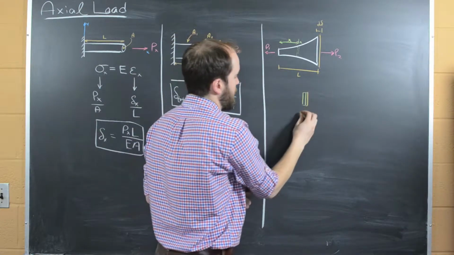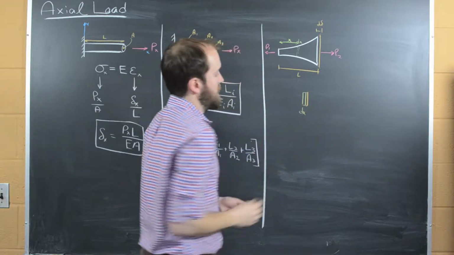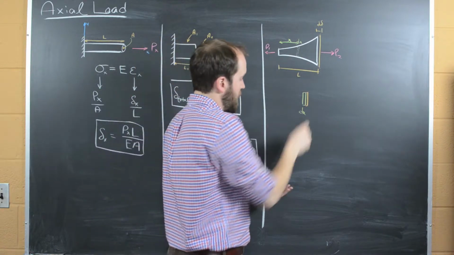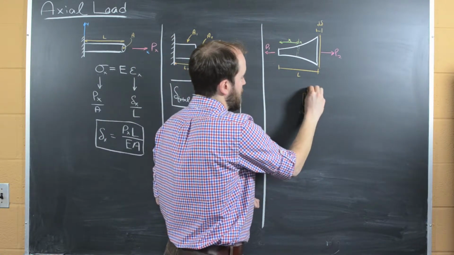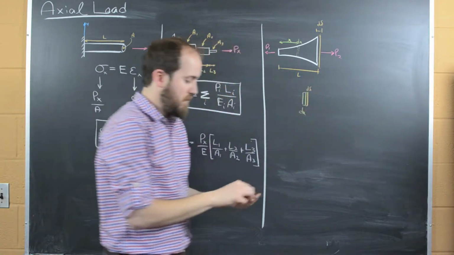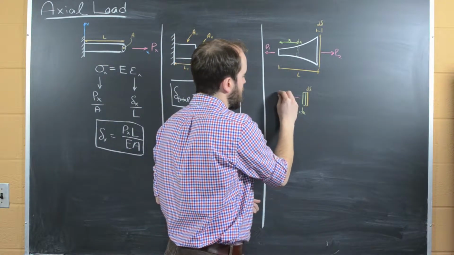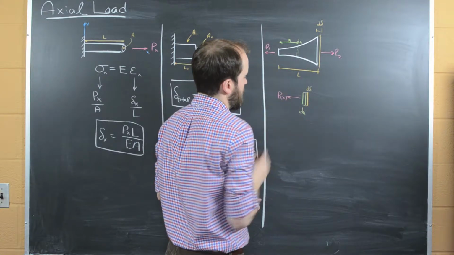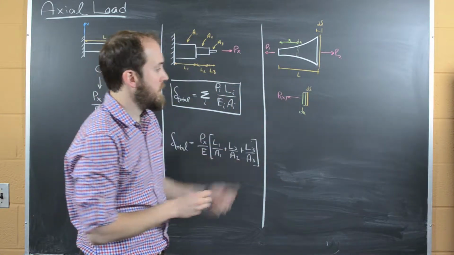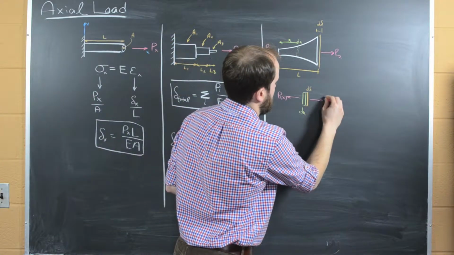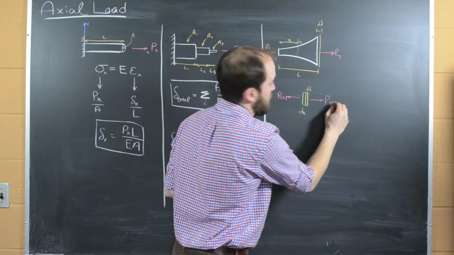So this green portion here is dx. This elongation here is going to be d delta. And pulling on it in this direction is going to be P as a function of x. And the same on the other side, since this is in equilibrium.